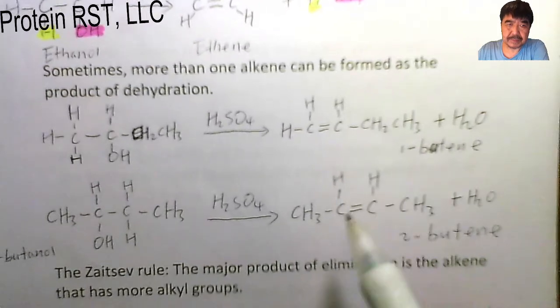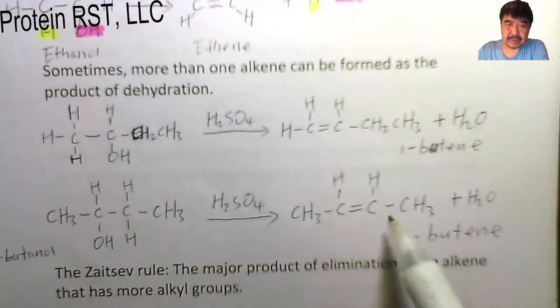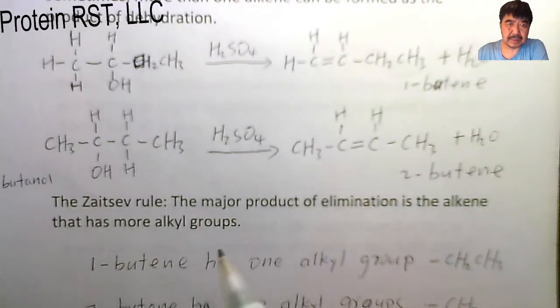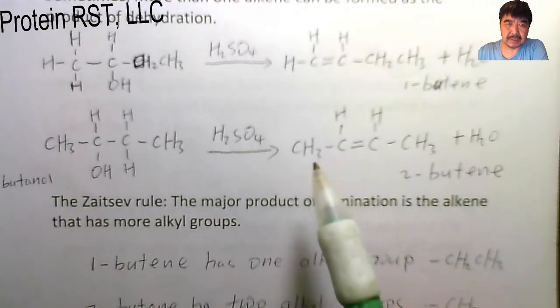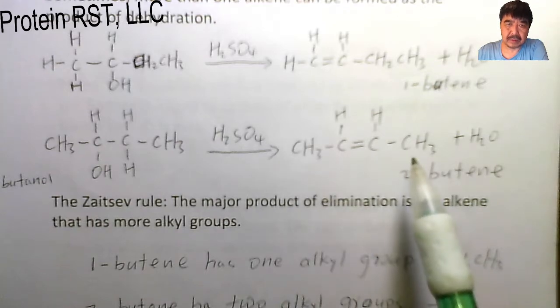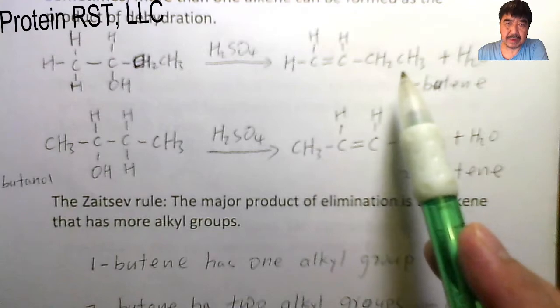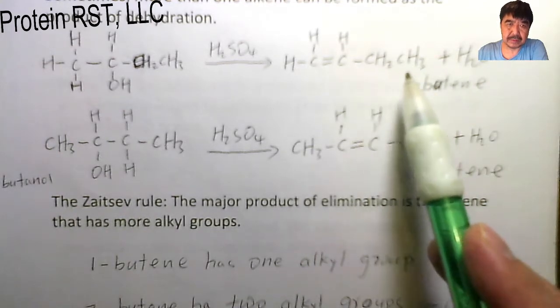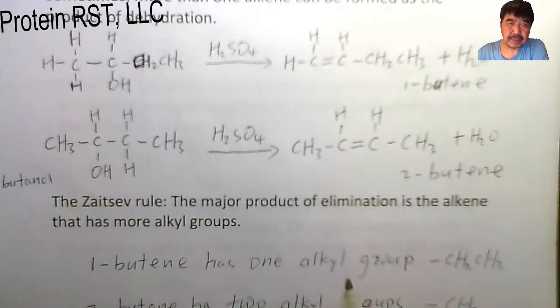So, based on Zaitsev's rule, 2-butene will be the major product because it has more alkyl groups, 2 methyl groups. This one only has 1 alkyl group, an ethyl group.